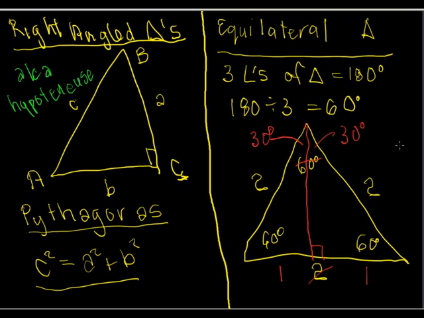Alright, and by way of a little check, 30 plus 60 plus 90 equals 180 degrees. So yep, there's nothing missing, everything's accounted for. Okay, let's just turn that layer off and we'll start a new layer. Okay, layer 2.